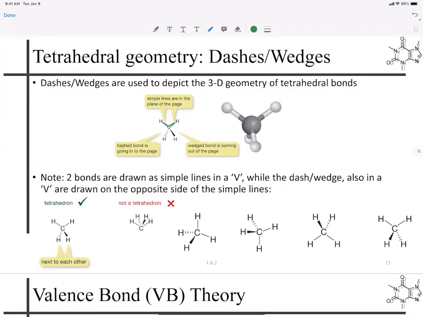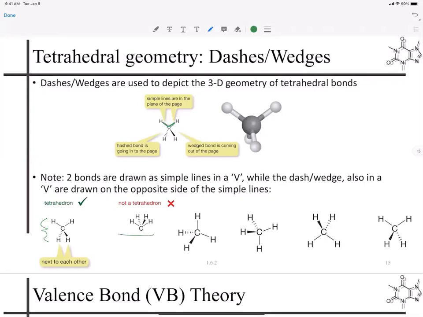And typically we have the dash and wedge a little bit closer towards each other than normal bonds. So it should look something similar to this. If ever you have all your hydrogen atoms pointed in the same direction, then you're going to run into problems because this is not depicting a tetrahedron. It's depicting some highly strained sort of geometry around the carbon atom.